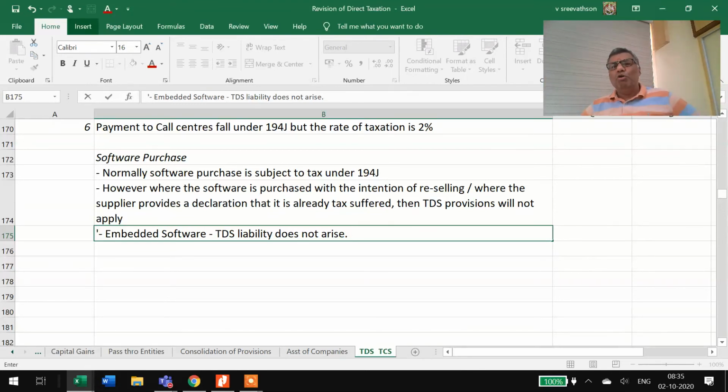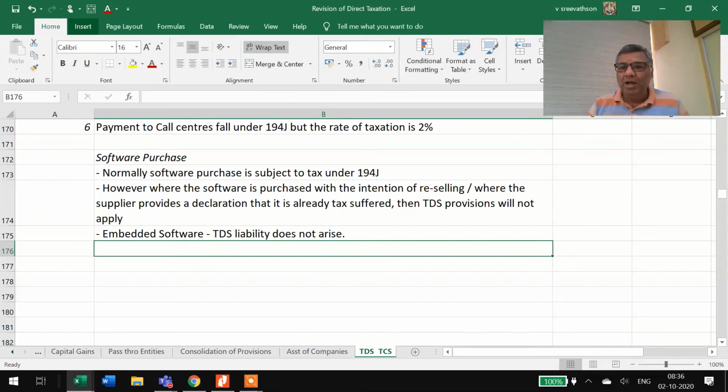Recently, when another friend asked me, I remembered I needed to tell you this also. He was asking for some professional purpose, so I immediately remembered I have to come to the classroom and tell you: embedded software, TDS liability does not arise, my dear friends.